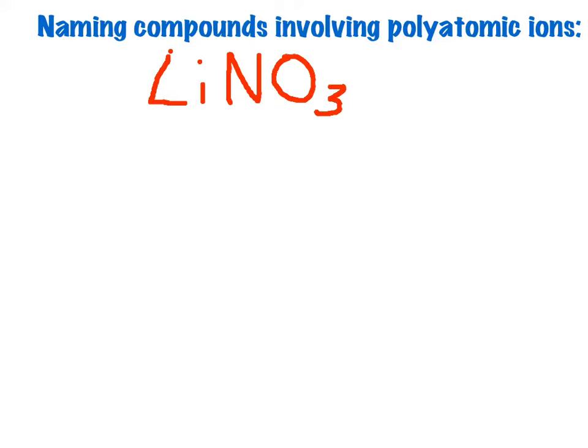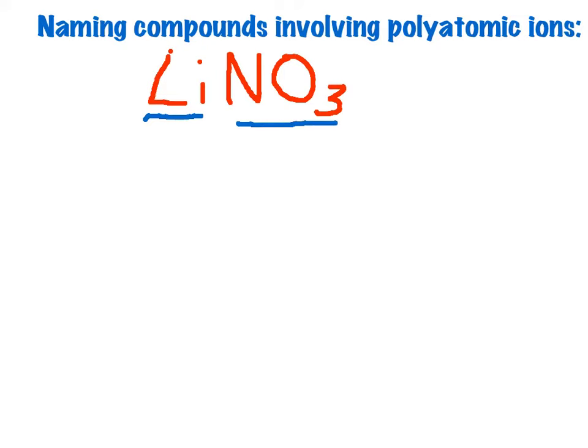So this next screen is about how we name compounds involving polyatomic ions. If you take a look at the one that I've drawn here, I have an Li, so that is one part of this compound. And then the second part of the compound is this NO3.